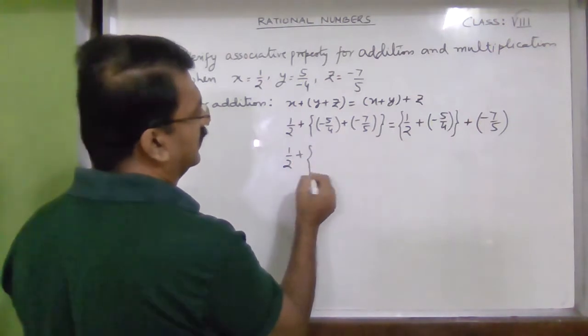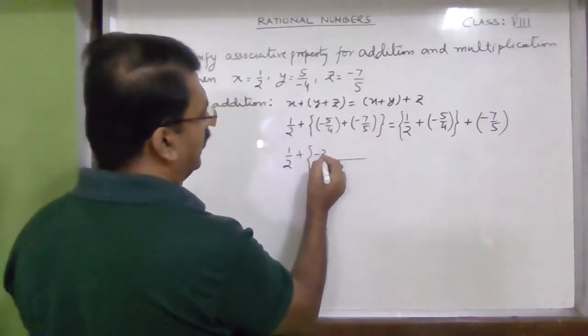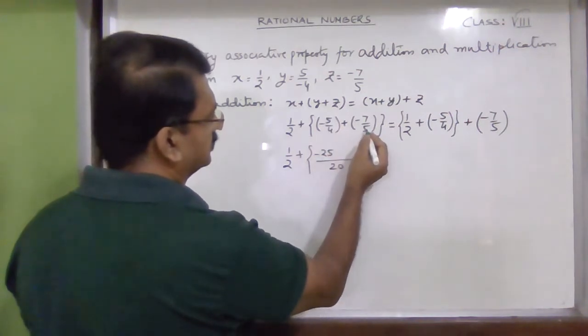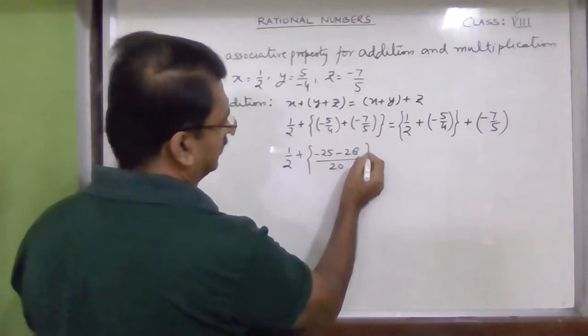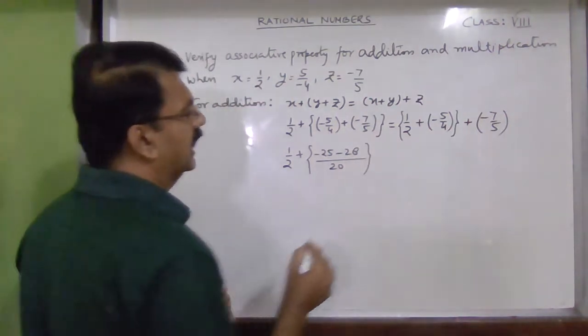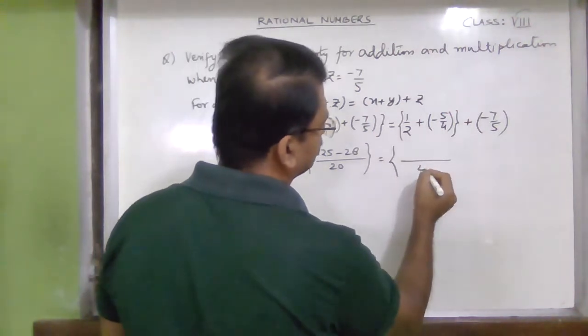Now 1/2 plus minus 5 by 4, the LCM will be 4, so minus 3 by 4. And here 4 and 5, the 20 will be LCM, so minus 25 minus 28 like this, okay. And there 2 and 4 will be the LCM.